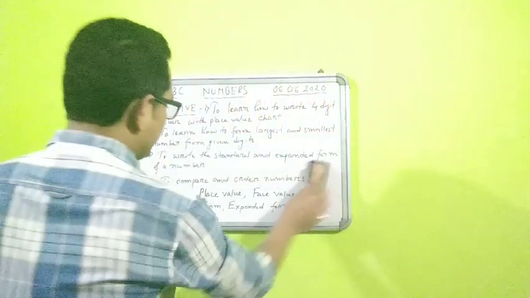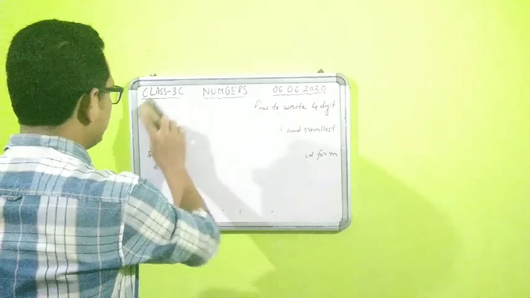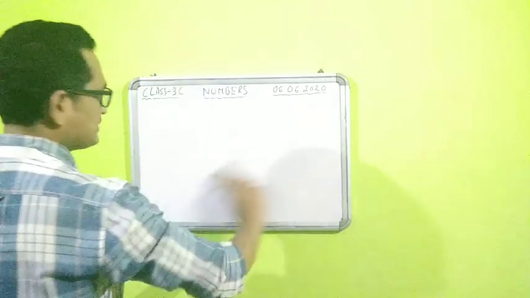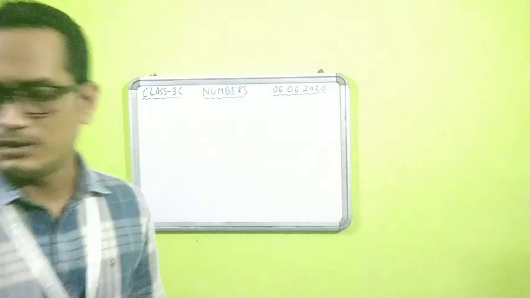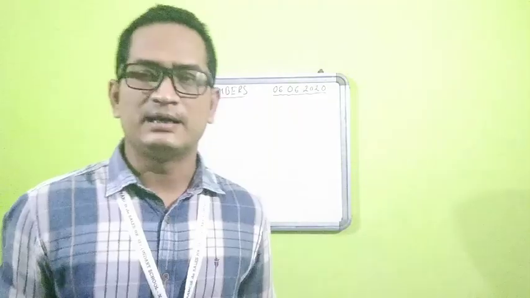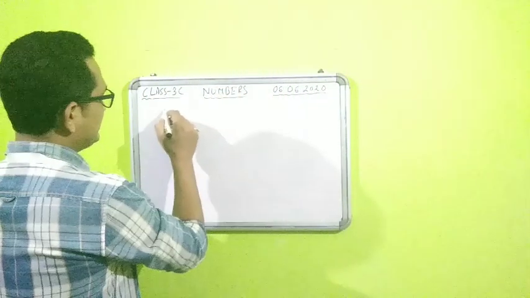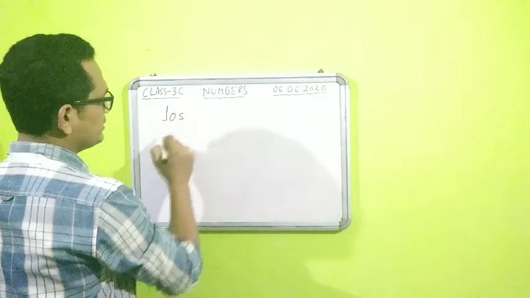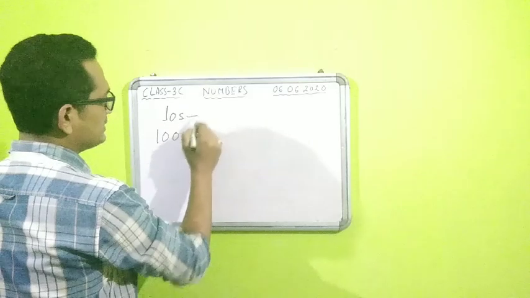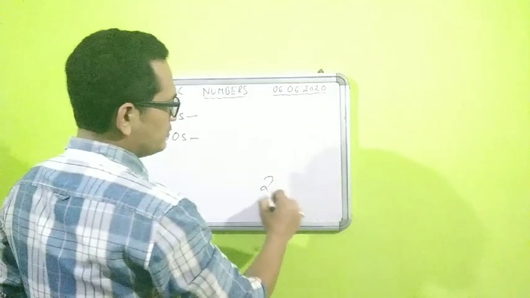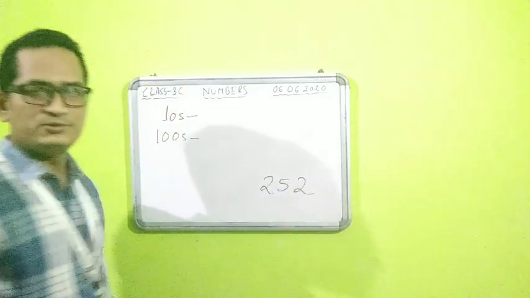So students, let us start with the first concept, that is what is the thousands place. Before going to the thousands place, let us recall some of the things that we got last year. We got tens, then we got hundreds. Now suppose a number is there, say the number 252.